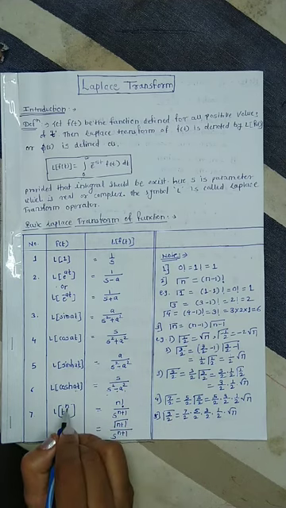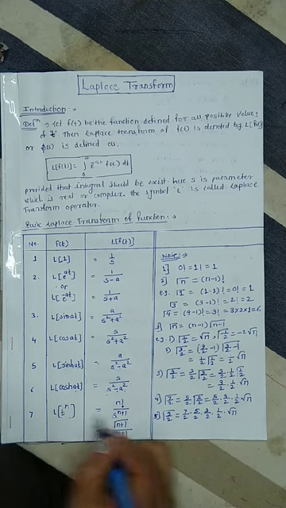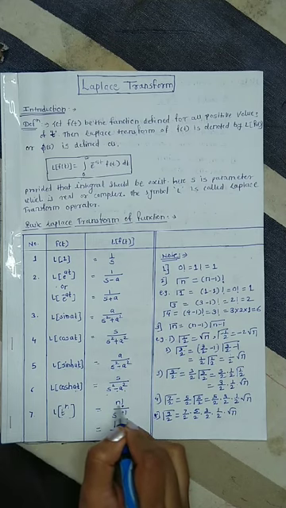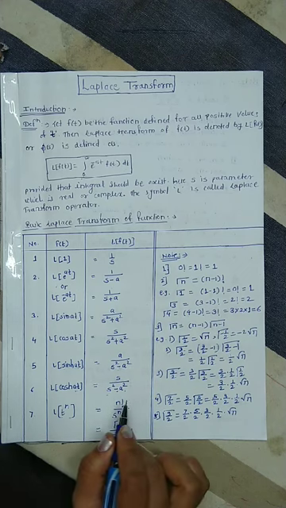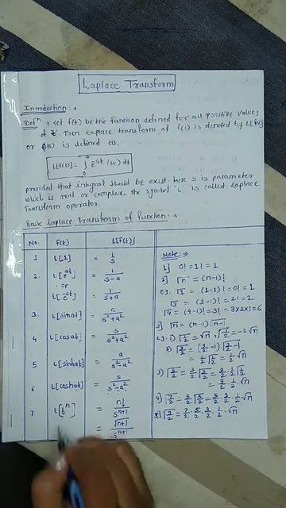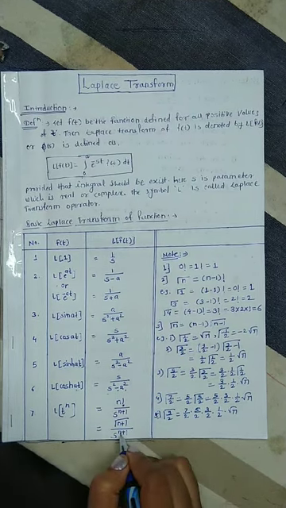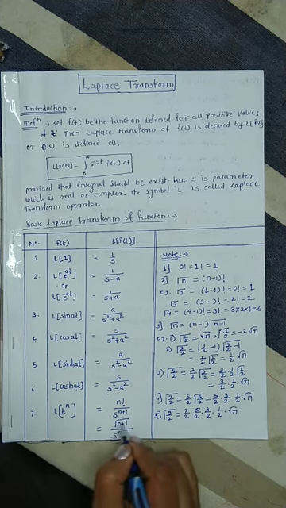If n is a fraction, then there is another formula, because we cannot calculate the factorial of fraction numbers. If you put the value of half factorial in the calculator, you will get a mathematical error. That's why for fractions there is another formula for Laplace of t raised to n, that is the gamma function.